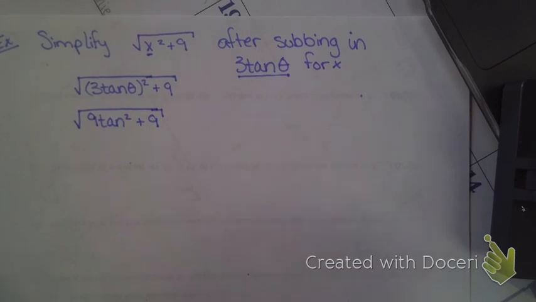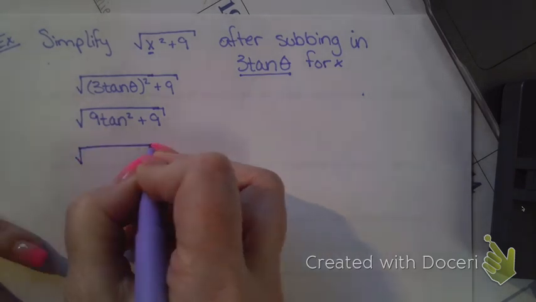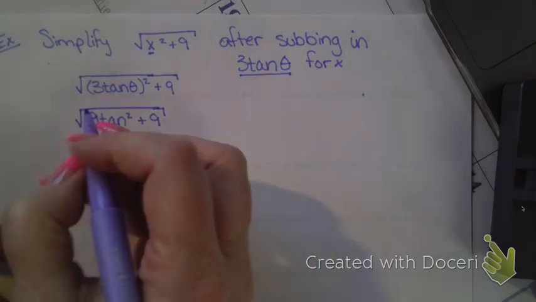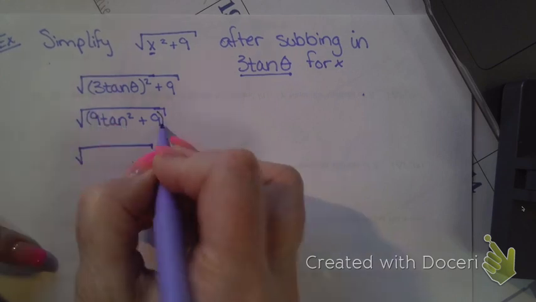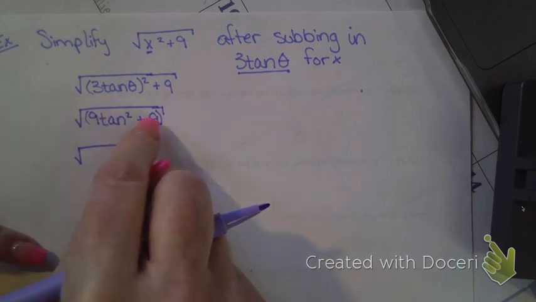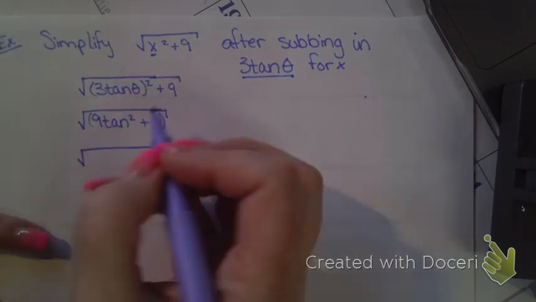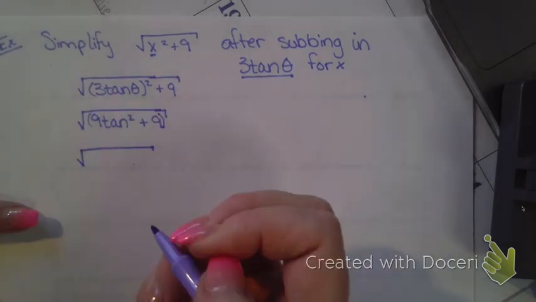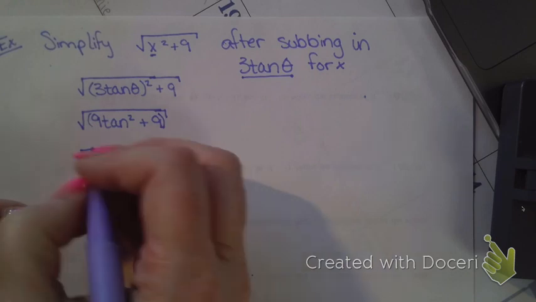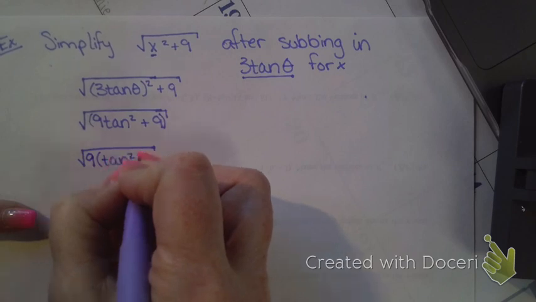Okay, close, but no. So this is a quantity, yes? And we can't take a square root of a quantity. We can take the square root of multiplication things, but not of quantities. So can we factor something out of that quantity? A 9. So then I have tangent squared plus 1.